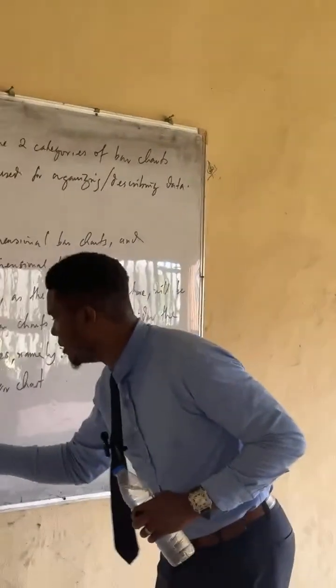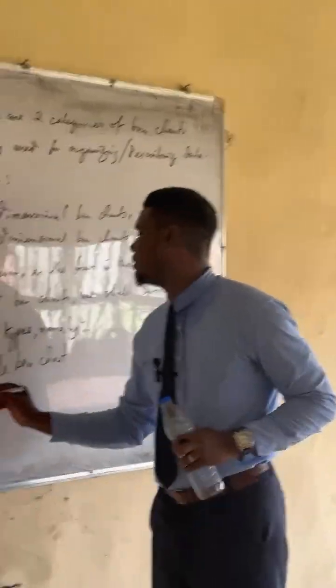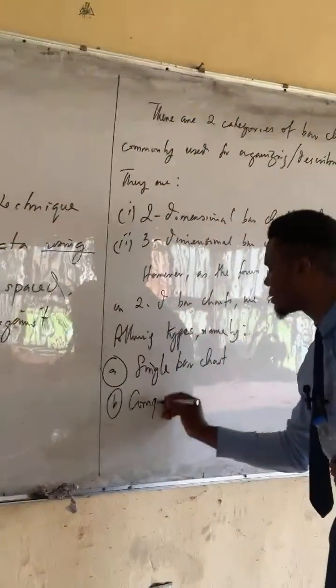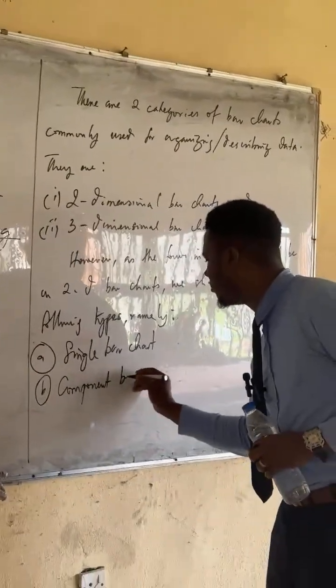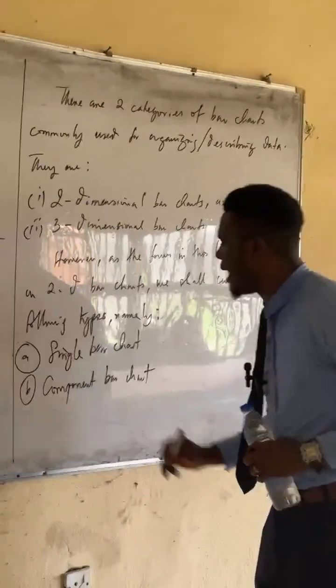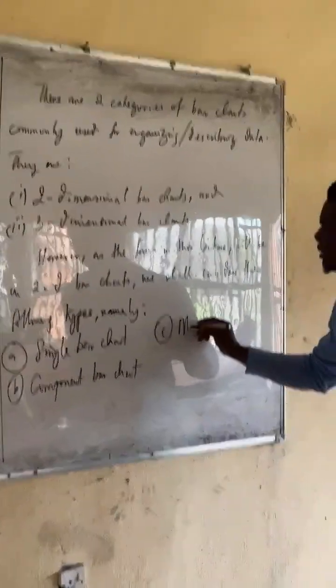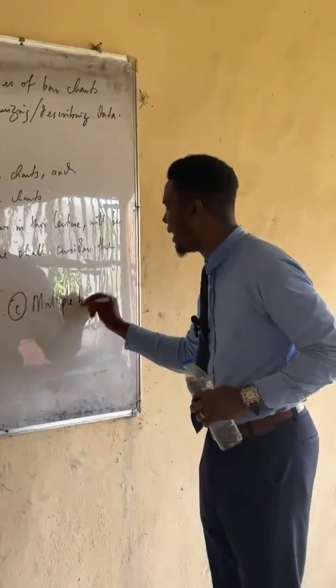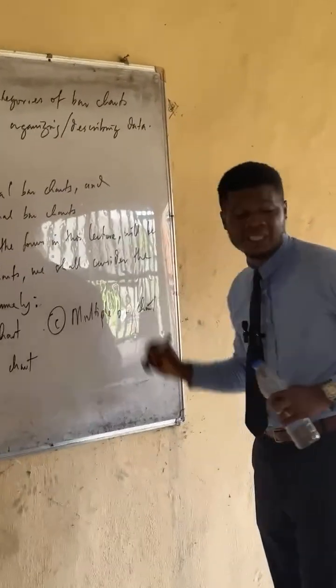Number 2, being B, we have the component bar chart. And C, we have the multiple bar chart.